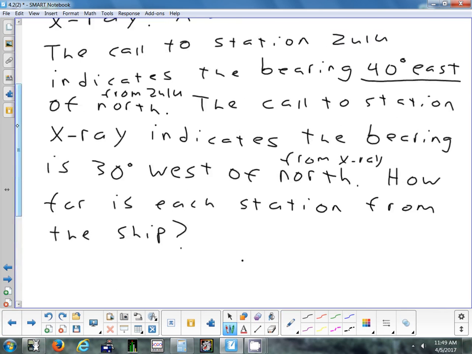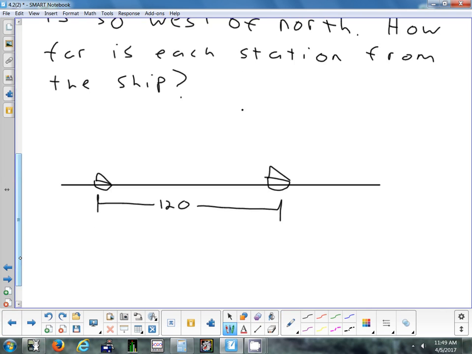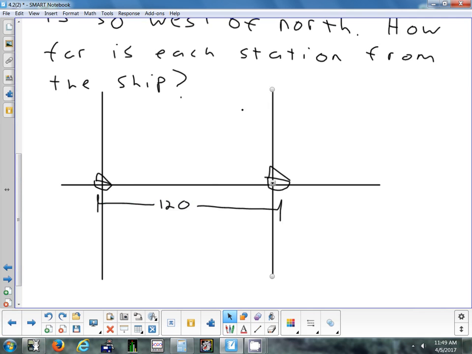Now, the bearings are based off of north. North is up, if you want to draw it on paper, up and down. So if I'm going to draw a bearing from north, I need a line on my paper that represents north. I need it here, and I also need it over here. Now I've got something to measure off of. Those 2 lines represent exactly north.